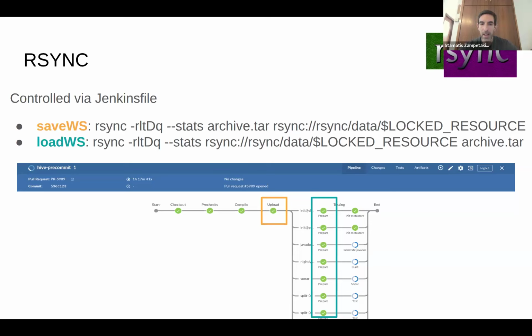But let's say each parallel step runs in a different pod, but it may happen that the same pod runs in the same underlying node. In that case, for instance, we will not spend time transferring the archive because we can get it. It's already there, basically.